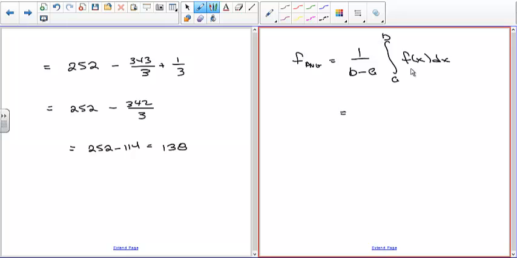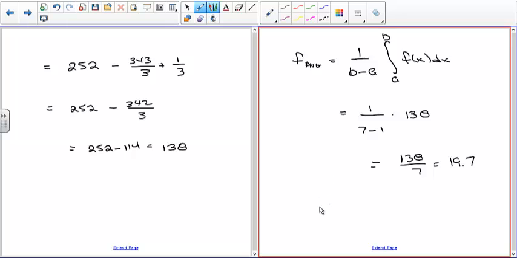I've already done the integral part, so all I have to do is divide 1 divided by 7 minus 1, those are my limits, times 138. So 138 divided by 7 is 138 sevenths. As a decimal, 19.7. So that's the average.